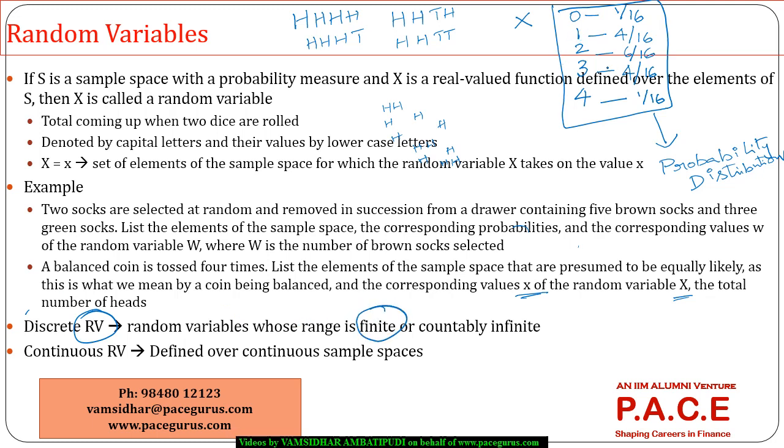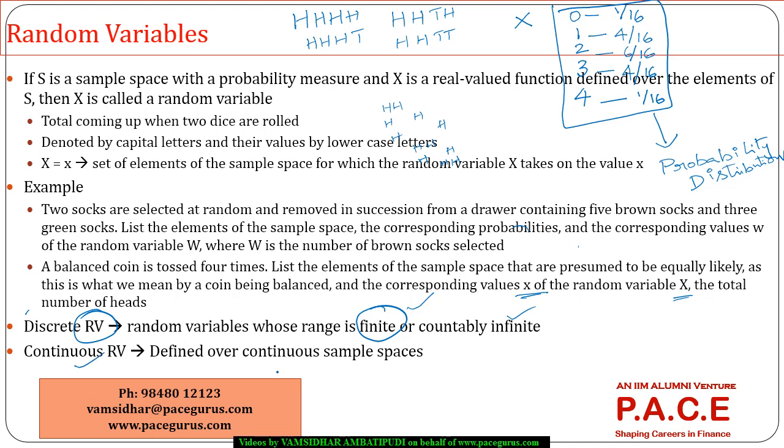As you have seen here, when I am tossing a coin 4 times, I can get only 0, 1, 2, 3, 4 heads, nothing more than that. So it's a finite set of values that my random variable can take, or even if it is infinite, it is countable. In that case, we call that kind of random variable a discrete random variable.